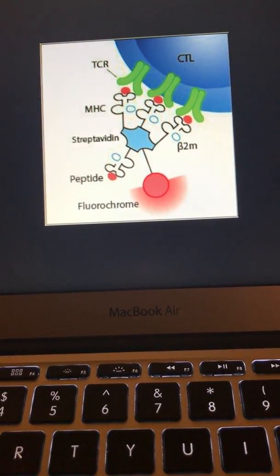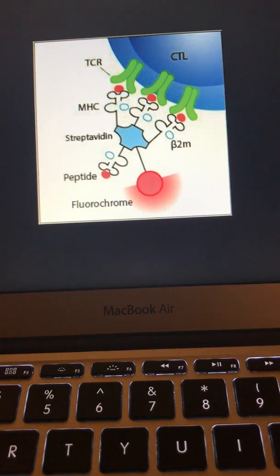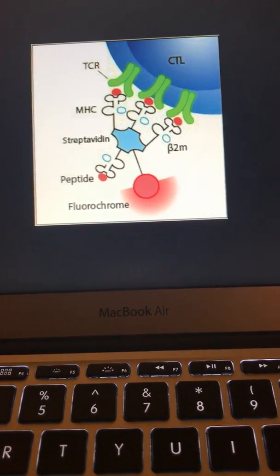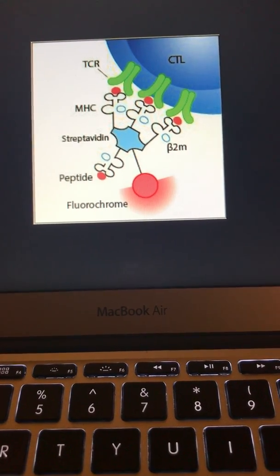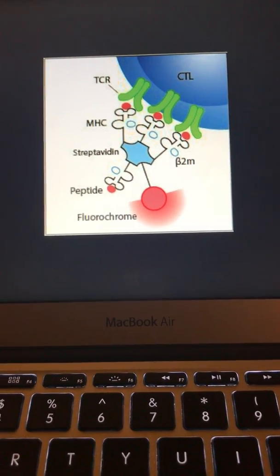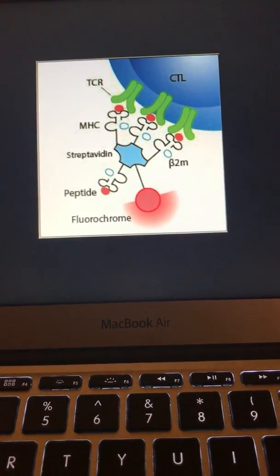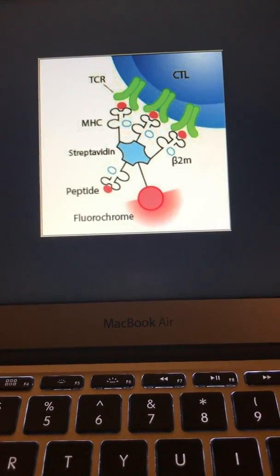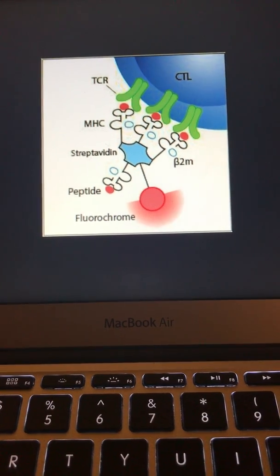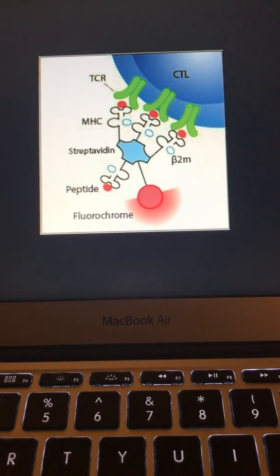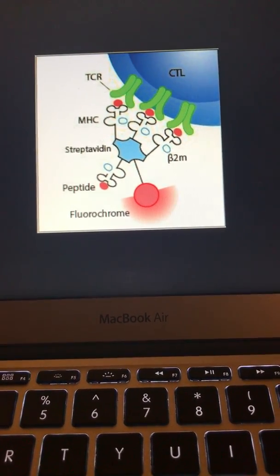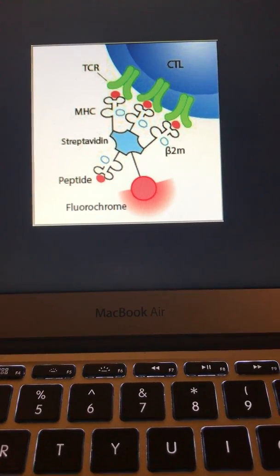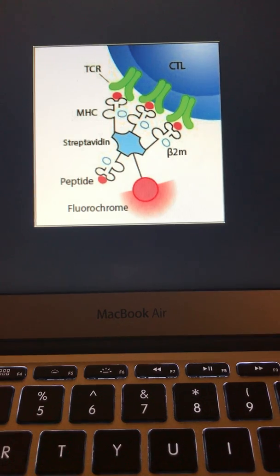The first one is phycoerythrin, also known as PE. The second one is allophycocyanin, and that's APC. The last one is Brilliant Violet 421, also known as BV421.